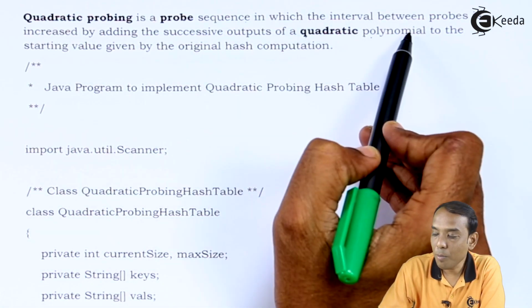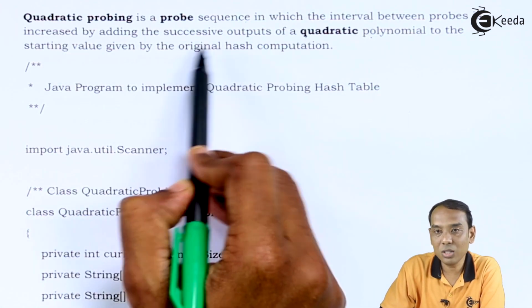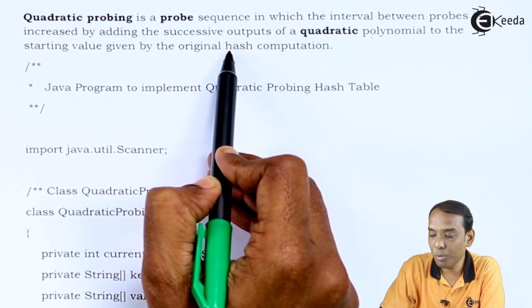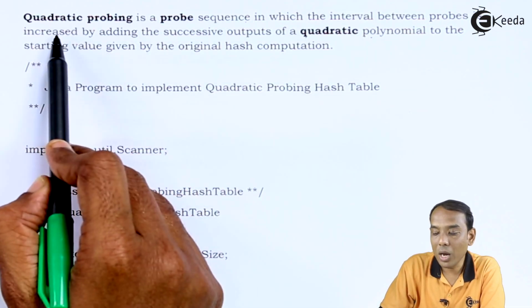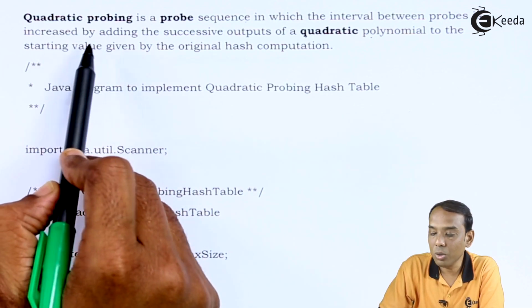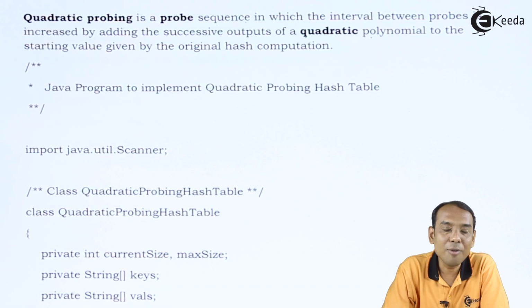We find the hash computation, take the successive output, and add the values to the starting value. So the value gap, or the value differentiation, always depends upon the quadratic polynomial output. Hence the name quadratic probing.